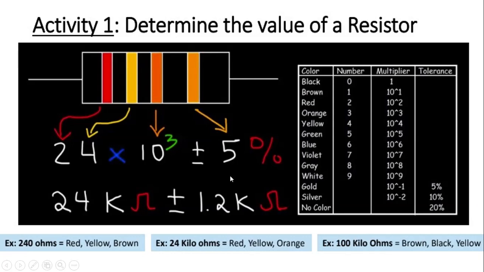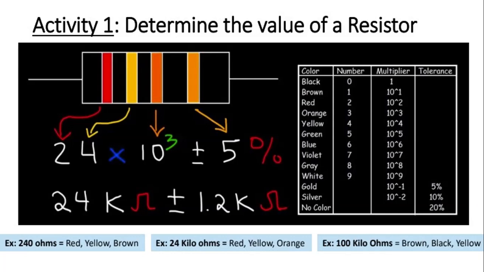The gold color is there, so the tolerance is plus minus 5%. So the value will become 24 kilo ohm plus minus 1.2 kilo ohm, which is 5% of that particular value. Through this type of activity, we can identify the value of resistors through the color band, color coding.